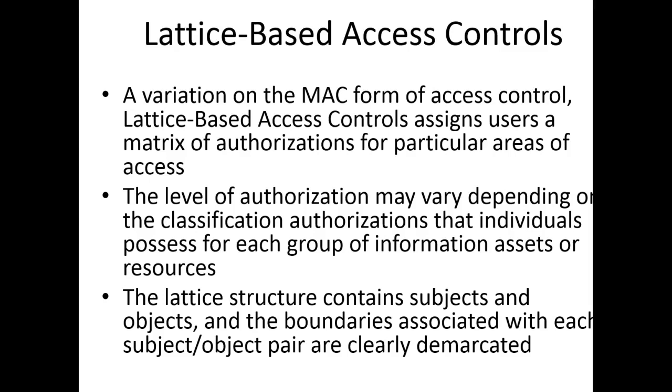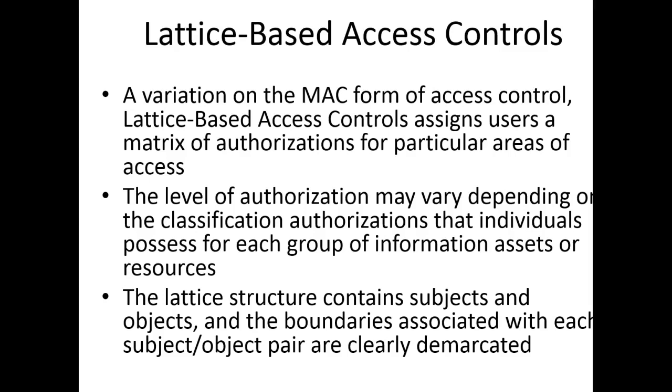Now let's look at lattice-based access control, a variation on the MAC form of access control, which assigns users a matrix of authorization for a particular area of access, incorporating the information assets of subject, such as users, and object. So the lattice structure contains subjects and objects, as we said.